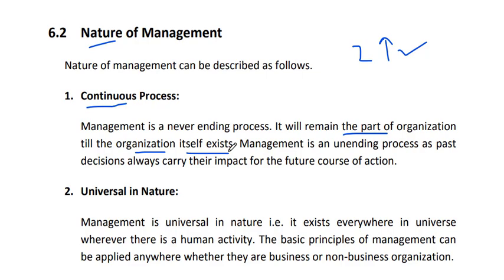But if the organization is there, management is a never ending process. Always in an organization there is something you have to manage. So management is an unending process, as past decisions always carry their impact on the future course of action.